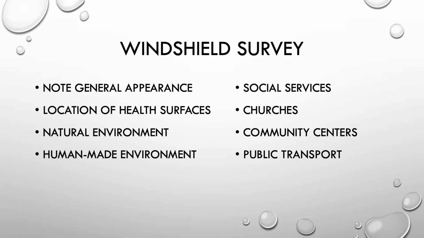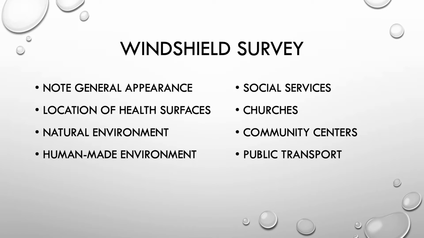By observing places, the nurse could identify resources in the community, such as location of health services and the natural environment, as well as human made environment. A review of the social systems would reveal whether or not there are certain social services, clinics, hospitals, dentists, and healthcare providers available within the community.